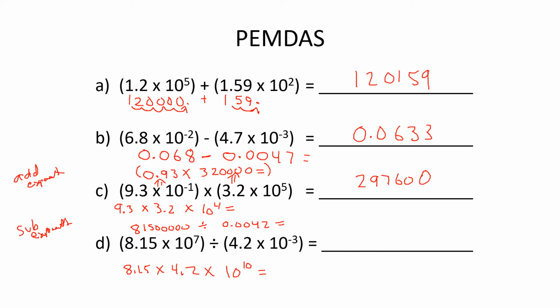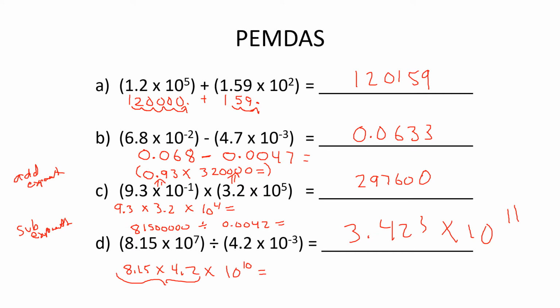8.15 times 4.2 times big ol' number, 1, 2, 3, 4, 5, 6, 7, 8, 9, 10 equals 3.423 times 10 to the 1, 2, 3, 4, 5, 6, 7, 8, 9, 10, 11. 8.15 times 4.2.